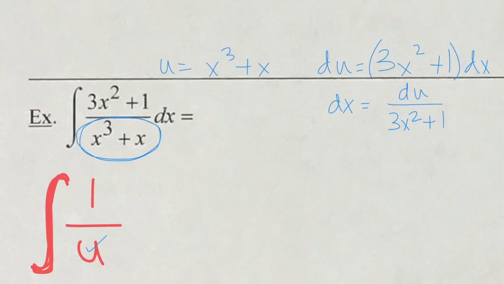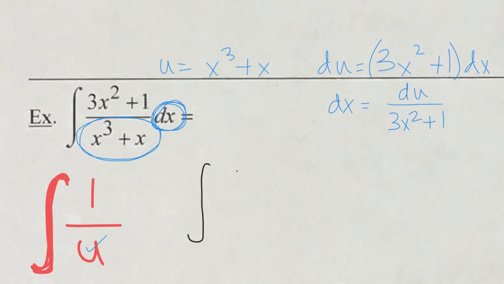Okay, so hopefully u substitution is something that you are familiar with doing. Right, you are confident in taking the derivative of something and then solving this for dx. So now we're going to do our substitution and we're going to replace our two values with what we've got here.